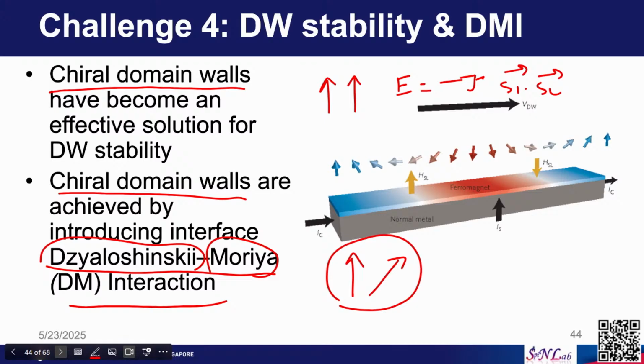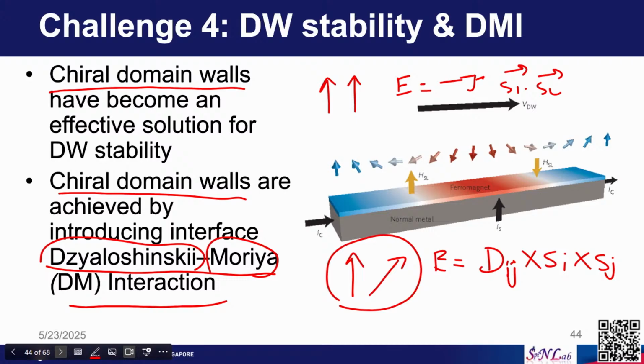According to the Dzyaloshinskii-Moriya interaction, the energy will be given by, let us say we take two spins i and j, then the energy is given by this expression, D_ij dot S_i cross S_j.